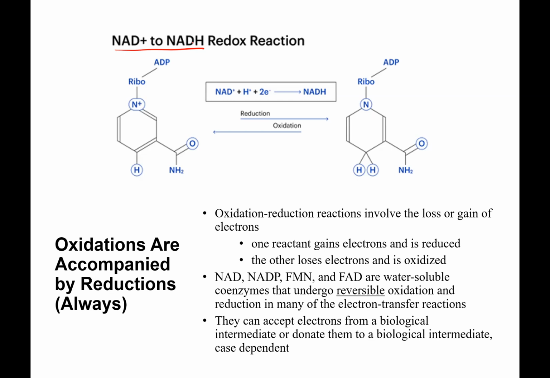This is just a portion of the NAD molecule, but it's where the action takes place. So if NAD gains the hydrogen, which we see it doing right here, it goes to the reduced form. So it goes from NAD plus to NADH. If the reverse happens, of course, this is an oxidation because it's losing that hydrogen and gaining a double bond.